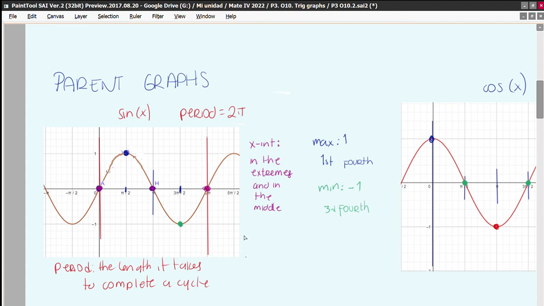Okay, so this is the pattern graph. In general, we have this behavior. Inside its period, the function sine is going to have its intercepts in the extremes of the period and in the middle, and its maximum is in the first fourth, and its minimum is in the third fourth.